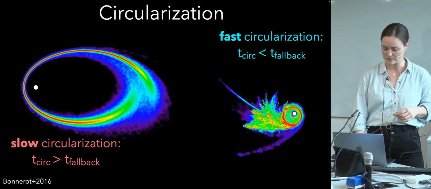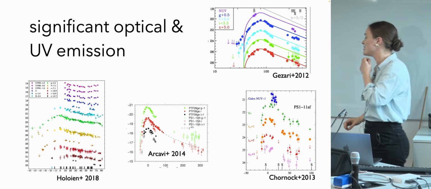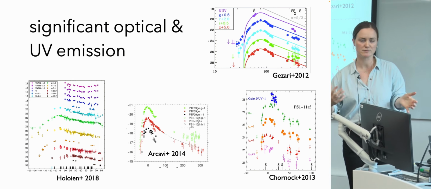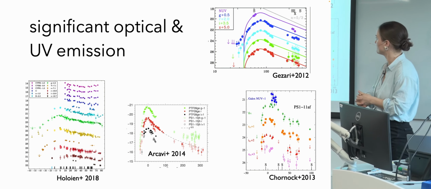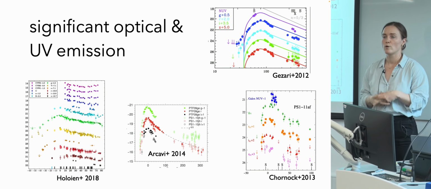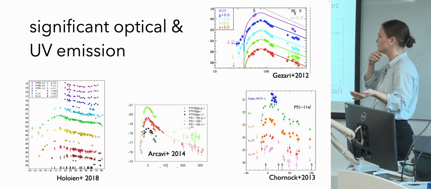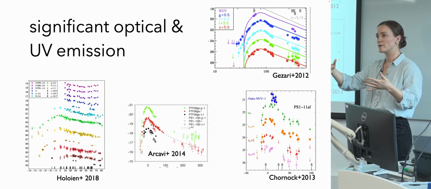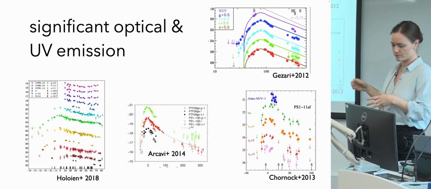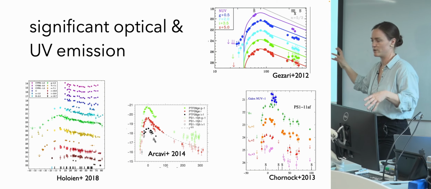But we know that at least in some cases, we're able to get significant energy out quickly because we see these flares that are on timescales similar to the fallback timescale. And in fact, while TDEs were something that were theoretically predicted for a very long time and predicted to have this mass fallback rate that the luminosity might follow, one of the big surprises when they were actually observed is that we were finding them at optical and UV wavelengths.